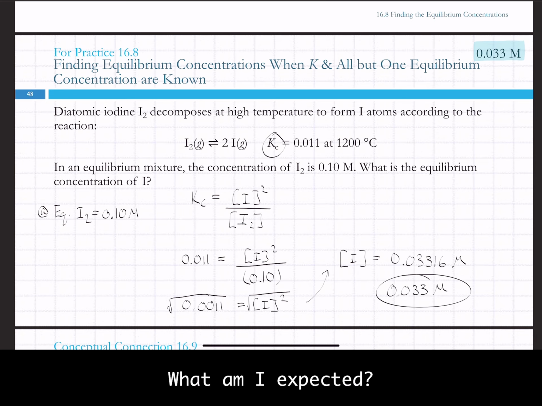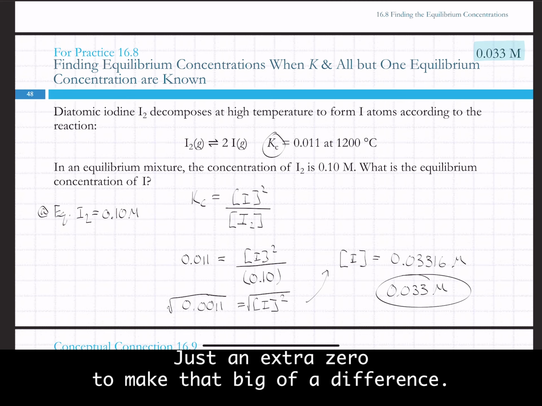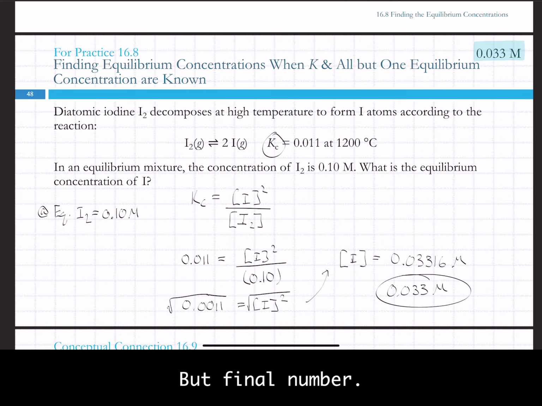Huh. Wouldn't have expected just an extra 0 to make that big of a difference in the final number. Cool.